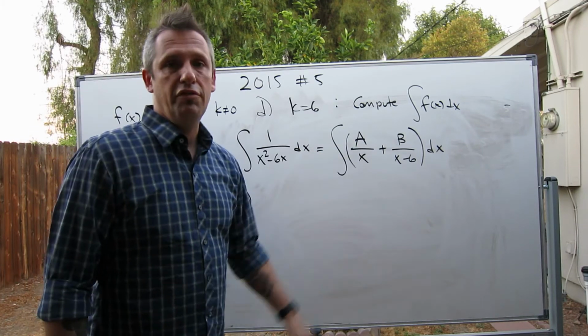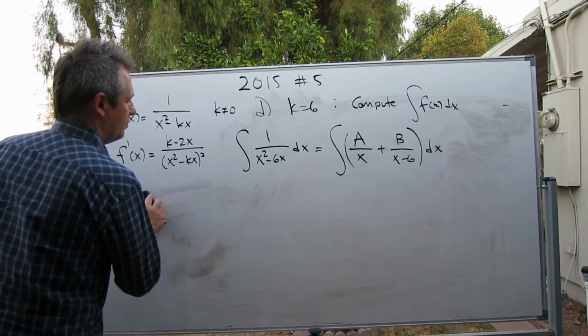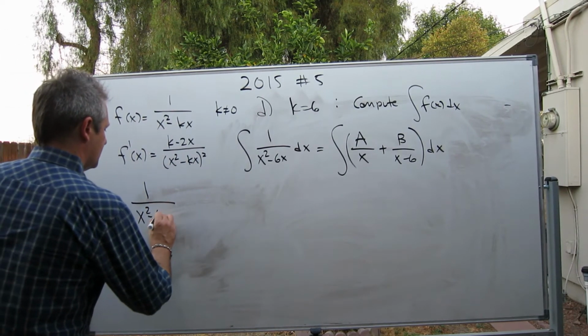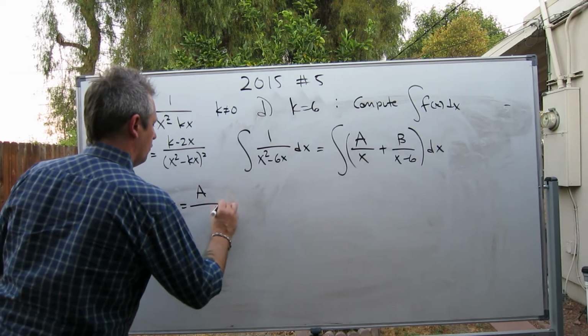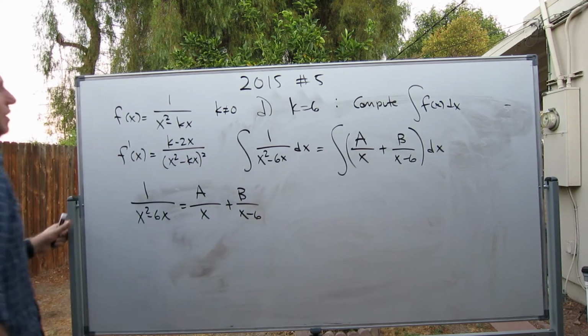But we still have to figure out what a and b are. So let's do that work. So we're setting up the equation 1 over x squared minus 6x equals a over x plus b over x minus 6.